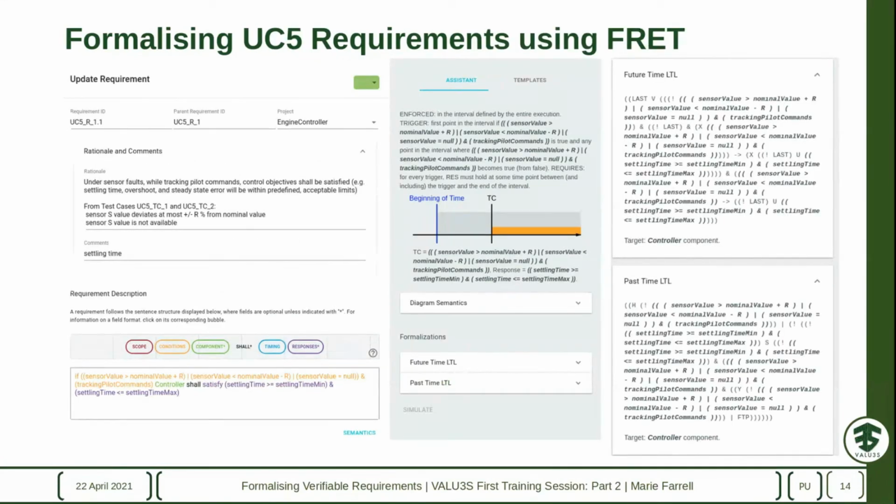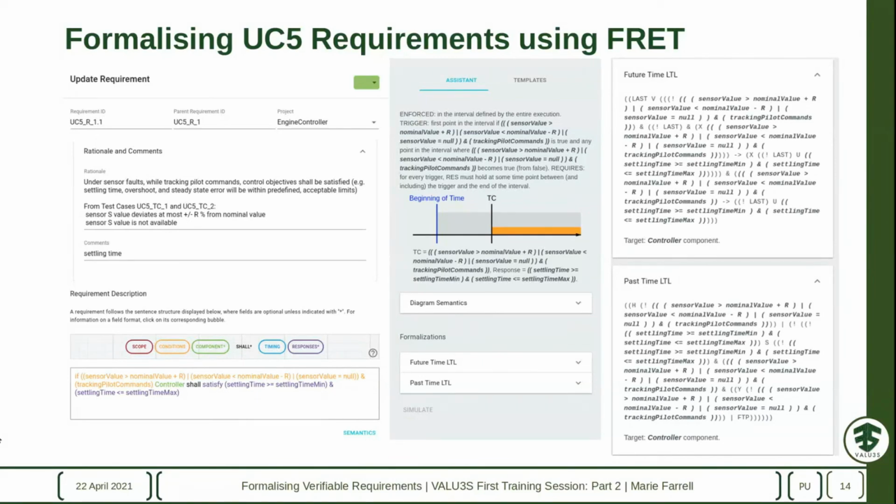If we expand this a little bit, what happened after that was we got hold of some sample test cases from our industry partner, and I copied them into the rationale section here: the sensor value deviates at most plus or minus OR from the nominal value, or the sensor value is not available, which is what it means for there to be sensor faults.